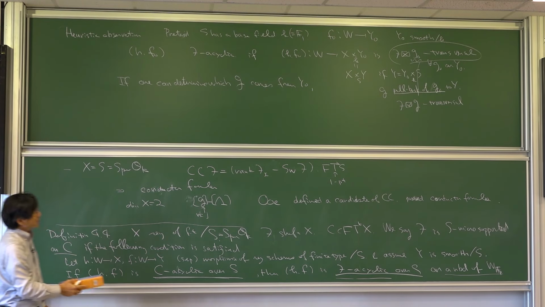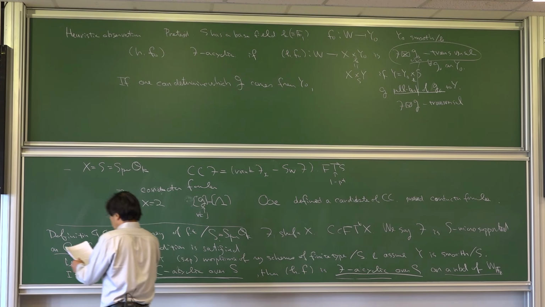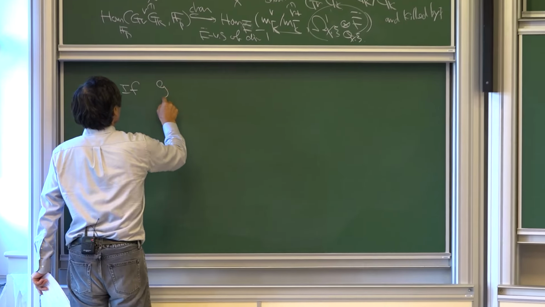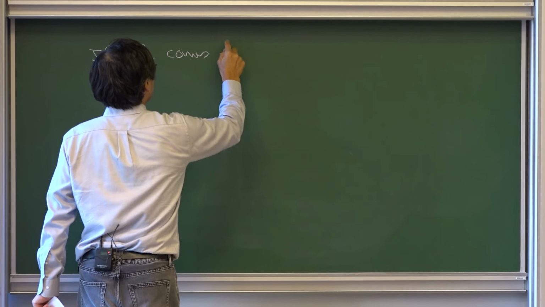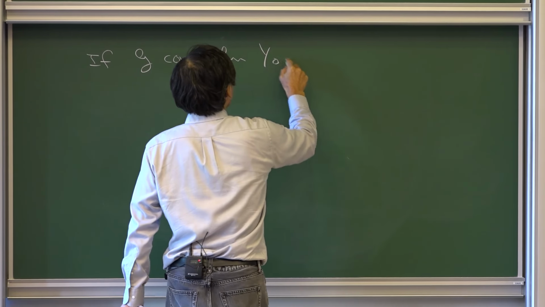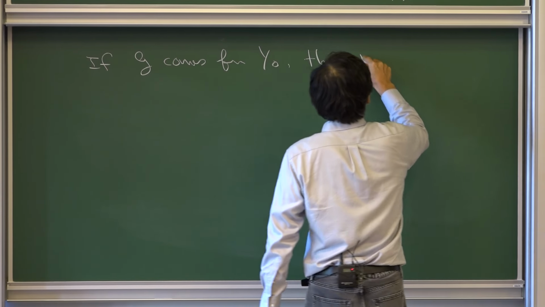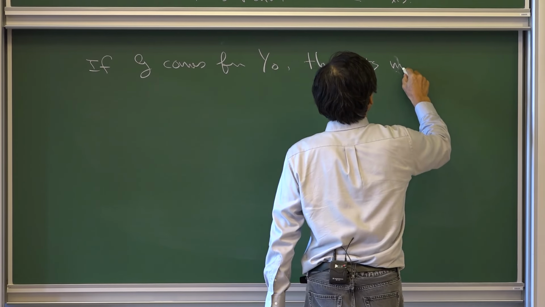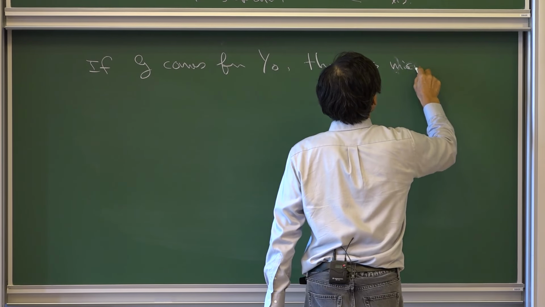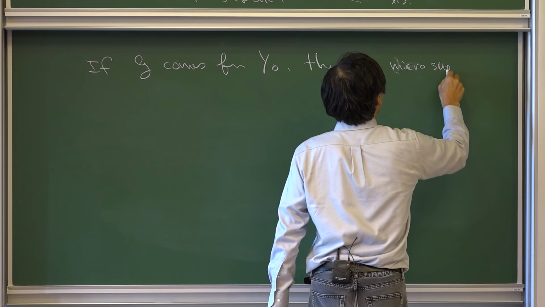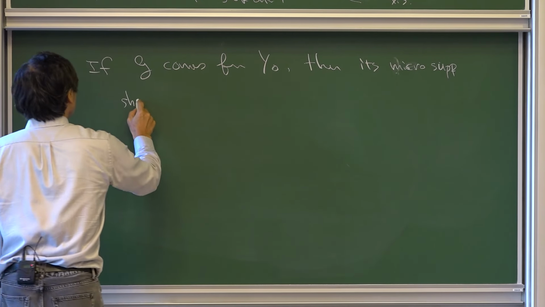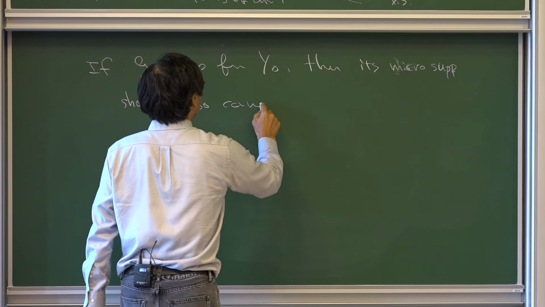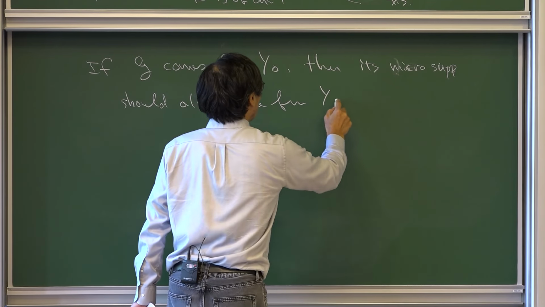So to determine which G comes from Y0: if G comes from Y0, then its micro support should also come from Y0.